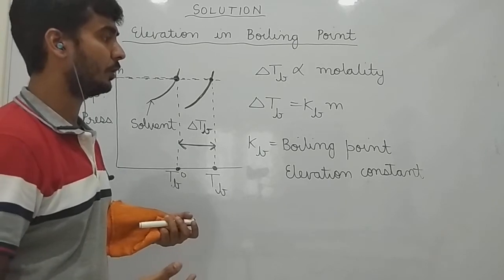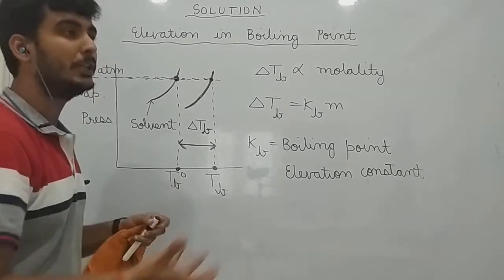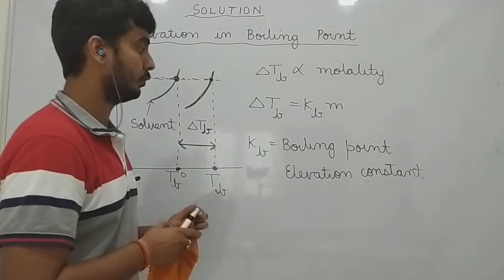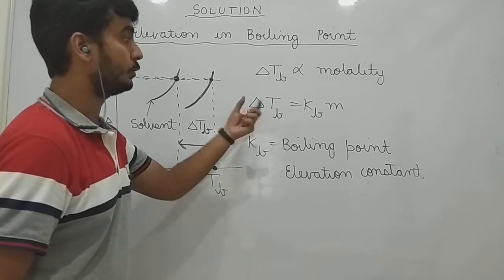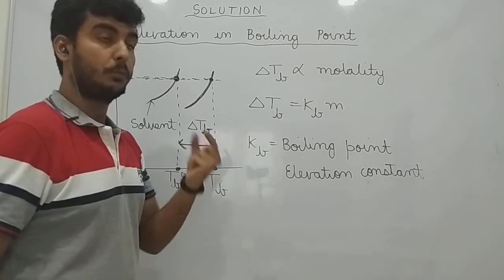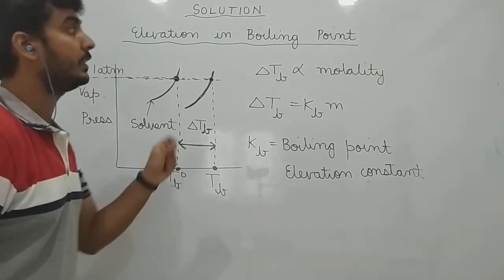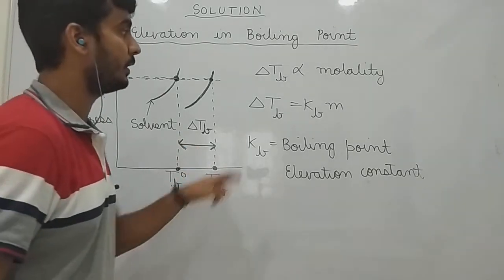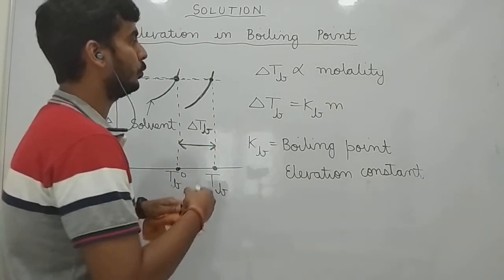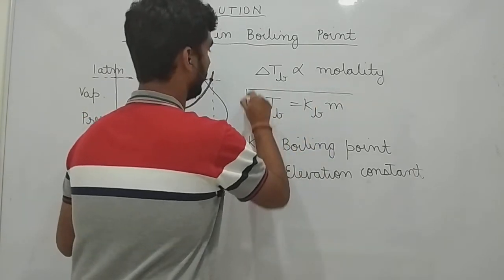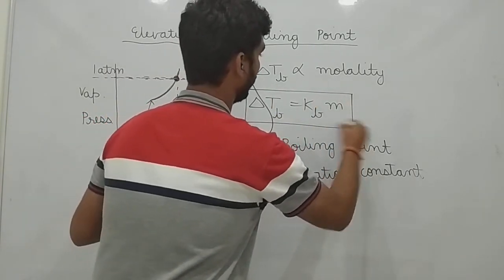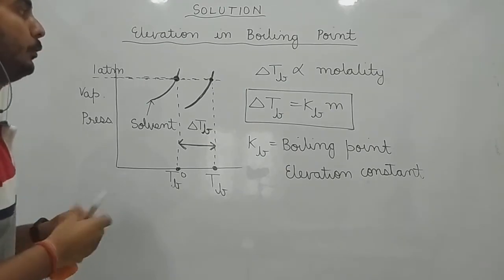Boiling point elevation constant, ebullioscopic constant, and such. So this is a constant basically. The mathematical formula for elevation in the boiling point of a solution comes out to be ΔTb equals Kb into molality of the solution.